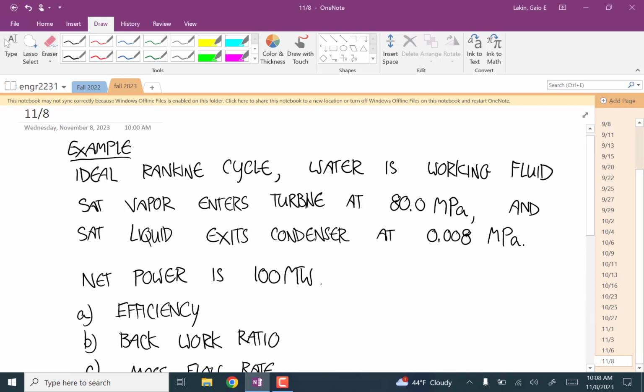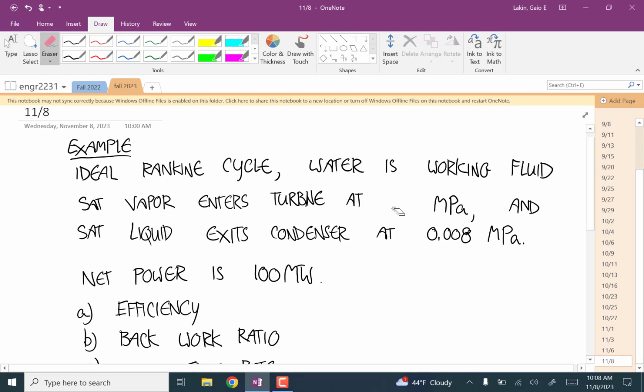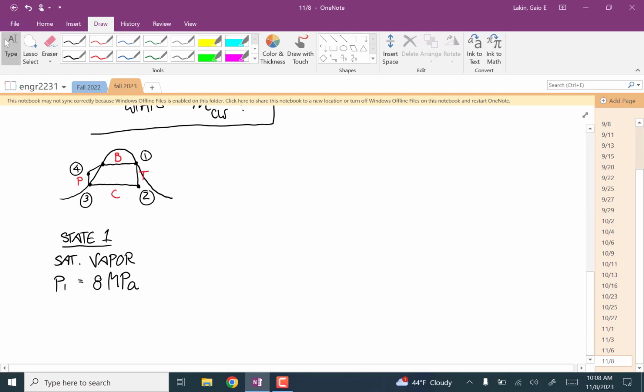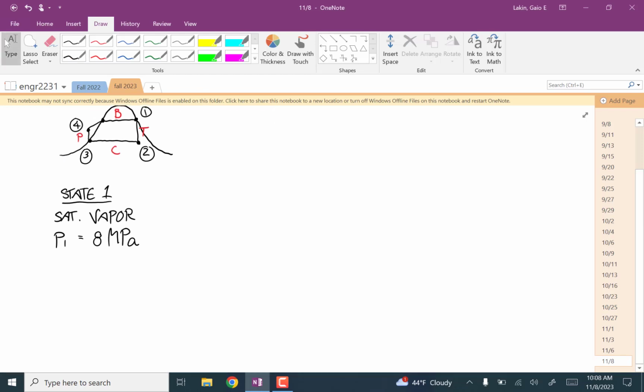It should be 8.0. Okay. Sorry about that. And then, since this is a saturation state and we have the pressure, we can look up any property we want in the table. Okay, so that means that the specific entropy is something we have.